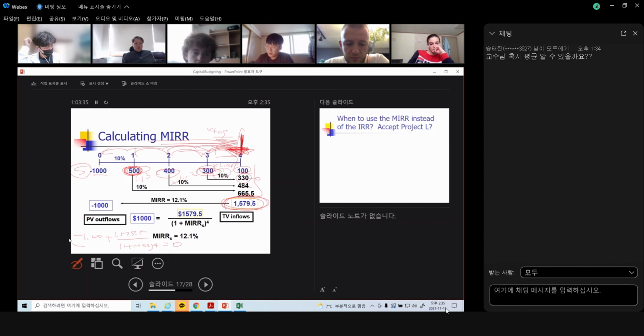So if we move the minus $1,000 to the right hand side, then 1,579.5 divided by 1 plus MIRR to the power of 4 equals 1,000. Okay, so if we solve for MIRR, then MIRR for project S is 12.1%.